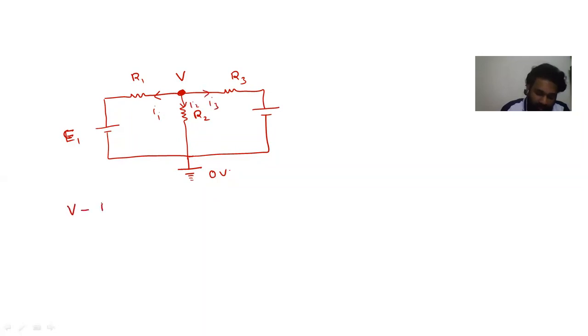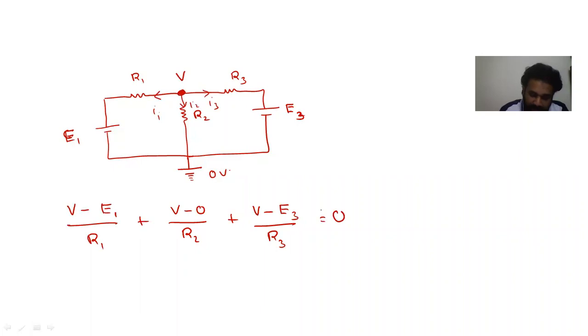So V minus E1 is the voltage difference in the first branch, divide by R1, plus V minus 0 by R2, plus V minus, suppose if this is E2, or E3, V minus E3 divided by R3, this is equal to 0. So like this, we can find voltage.